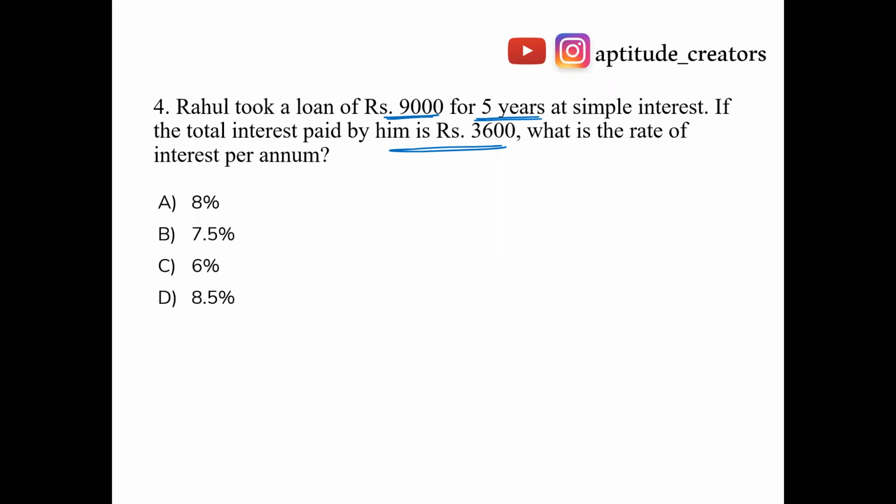Rahul took a loan of 9,000 rupees for 5 years, simple interest. If total interest paid by him 3,600 rupees, principal is given, time period is given, and here interest is given. Now, for 5 years, the interest is 3,600 rupees.